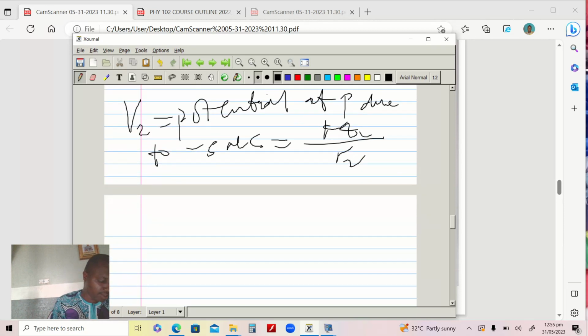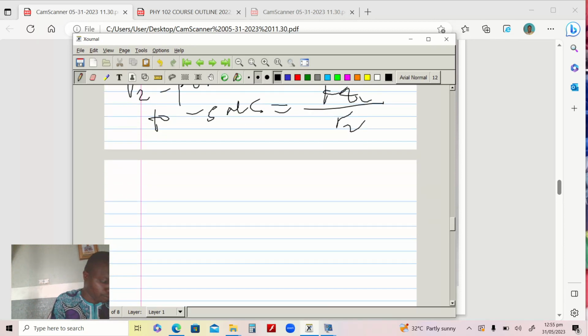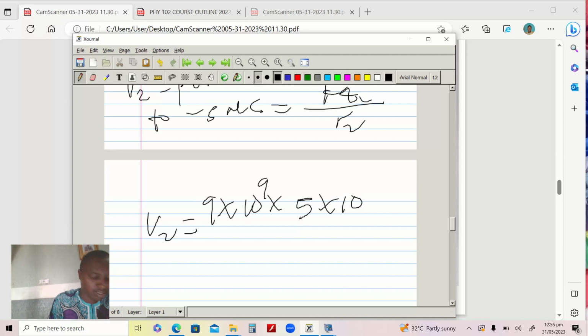So V2 is equal to 9 times 10 to the power 9 multiplied by 5 times 10 to the power minus 6, divided by 1.0.